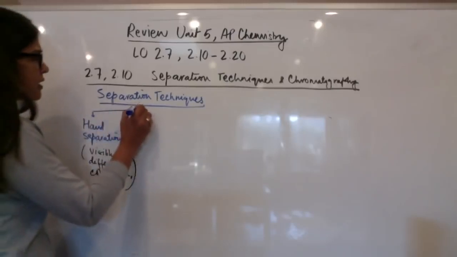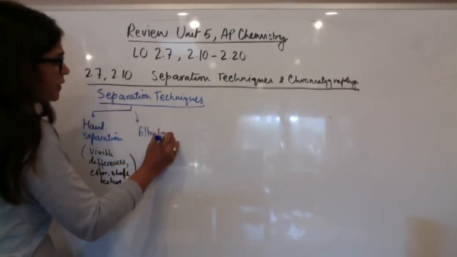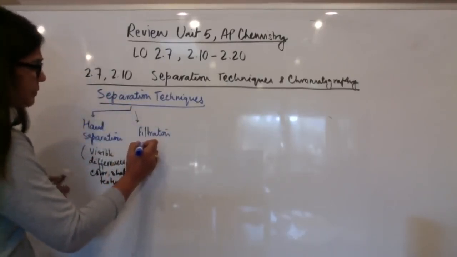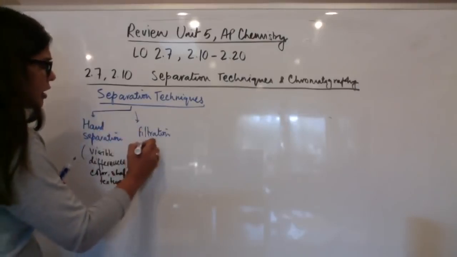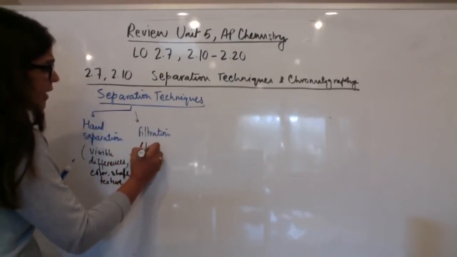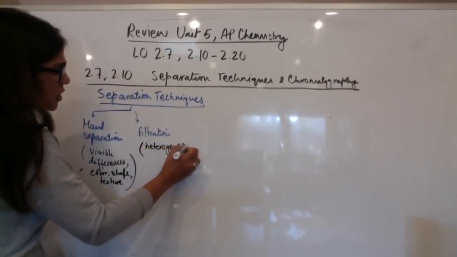Then there is filtration. Filtration is when you have different size particles. So this is typically done for precipitates in solution, to separate out the precipitate. And this is for heterogeneous mixtures.